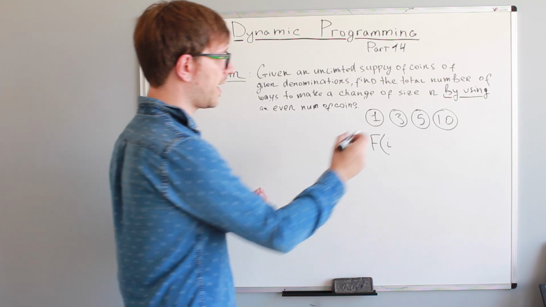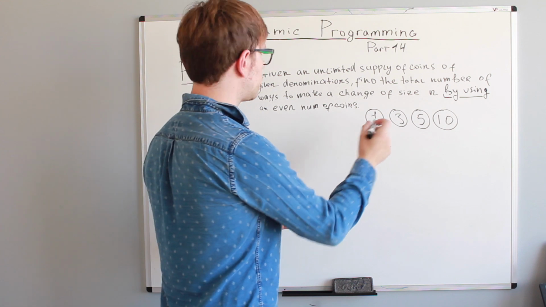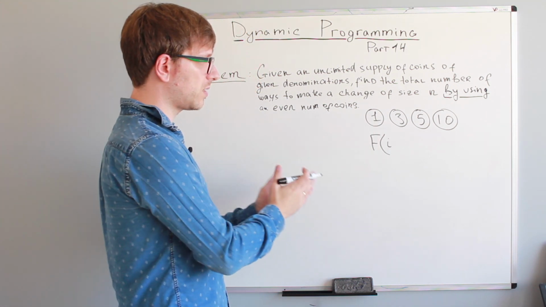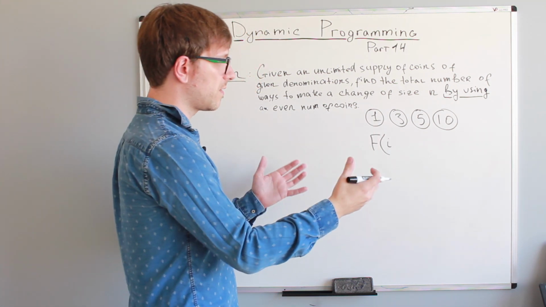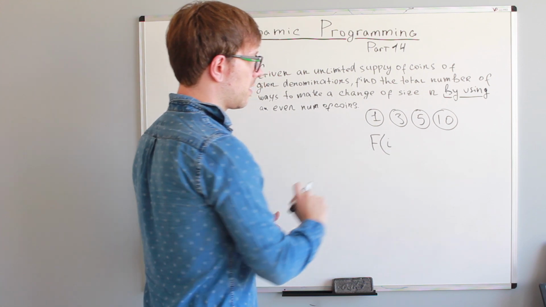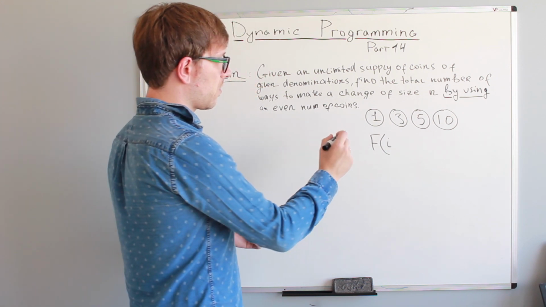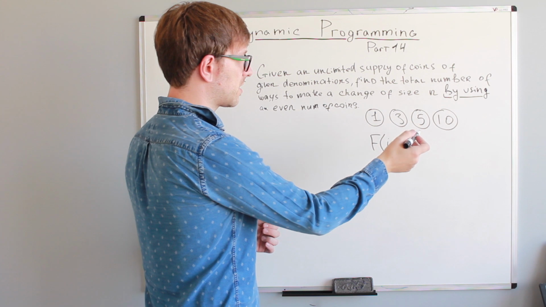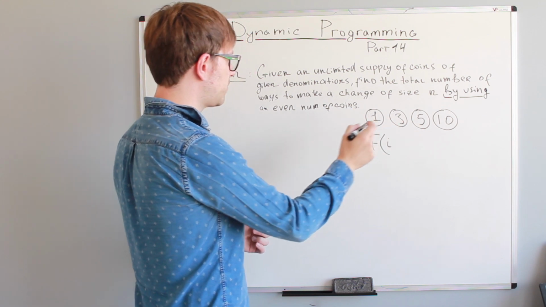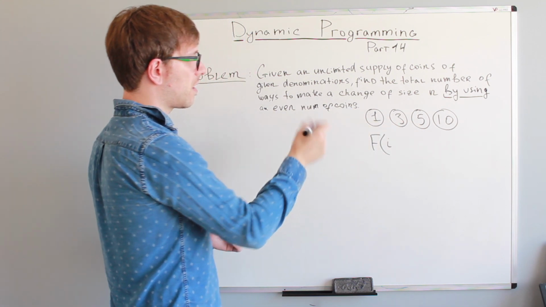And then we also have a constraint here because we are modeling the problem. Each constraint we want to fit into our function. So f of I, and then the second constraint is that we have to use an even number of coins.